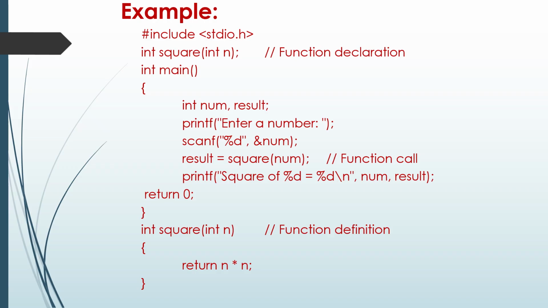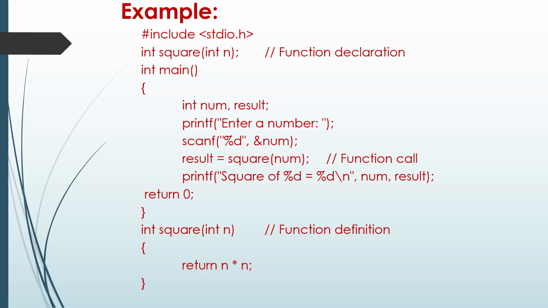So a general simple example for a user-defined function is as follows. Here we have the header file and the function name. Here we declare a function. The function has return type integer, and the function name is square, and the parameter or argument is int n, only one argument. Then we use the main function.